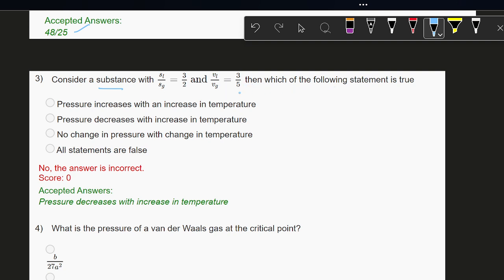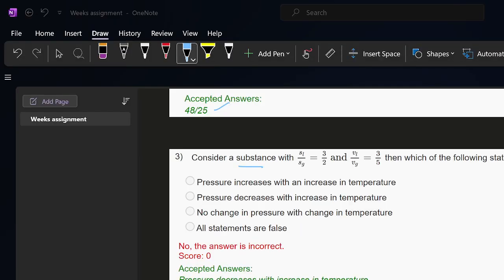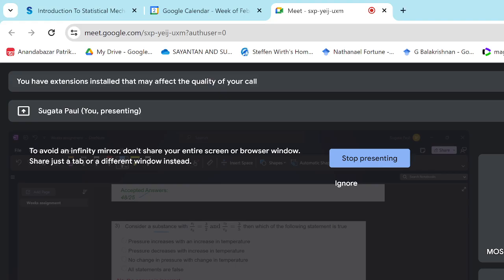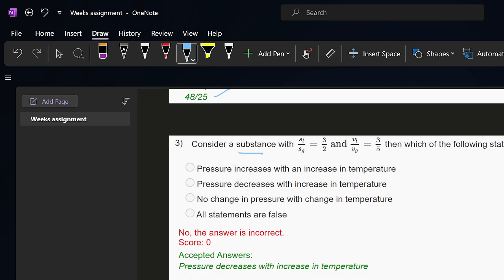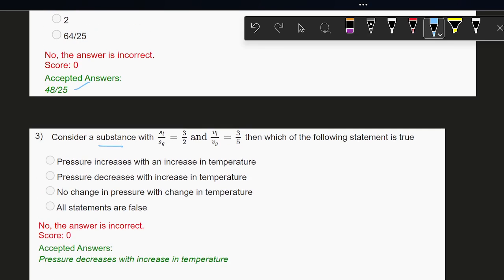Now you have to understand here that whenever you are given a quantity with subscript L, that means this is the quantity or parameter for the liquid state of matter, and whenever the subscript is G, then you know that is for the gaseous state of matter.